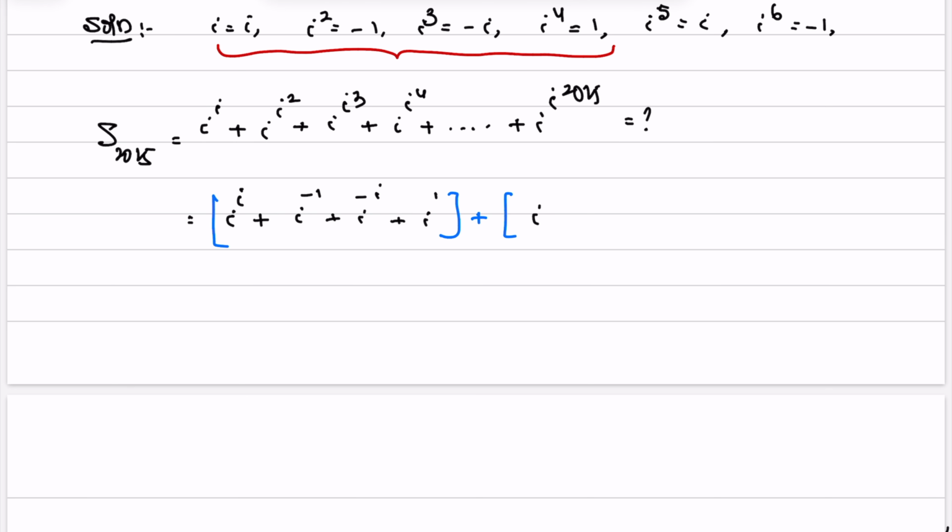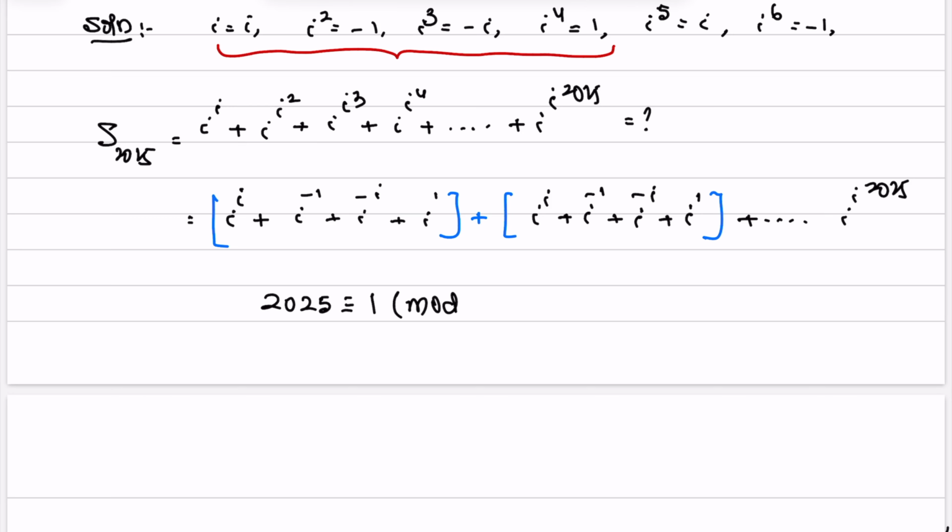It is i to the power of i plus i to the power of minus 1 plus i to the power of minus i plus i to the power of 1. Like this, it gets repeated and adds up to i to the power of i to the power of 2025. Now what is 2025? 2025 is equivalent to 1 mod 4.